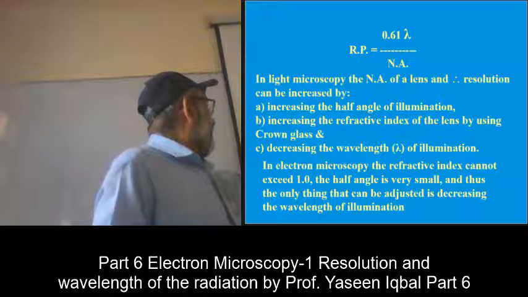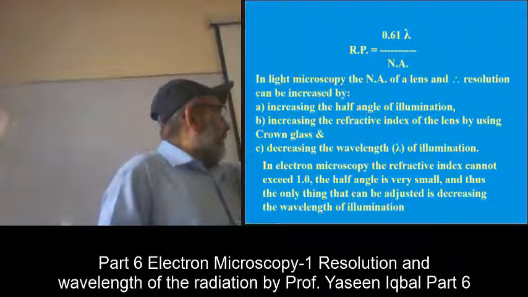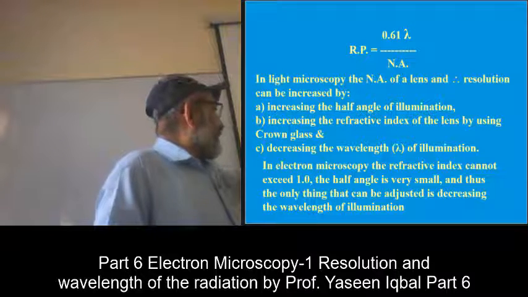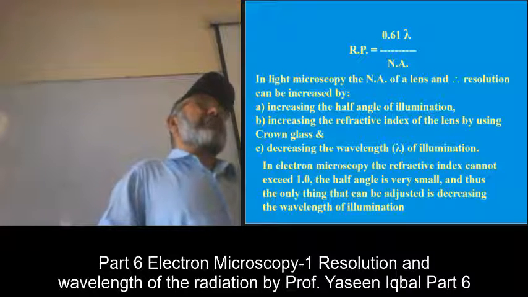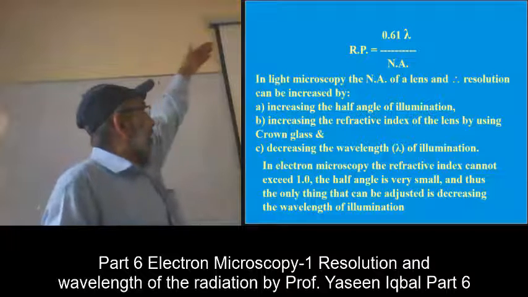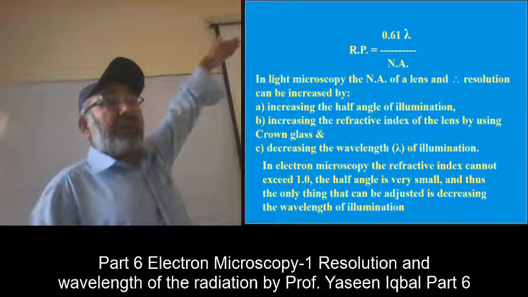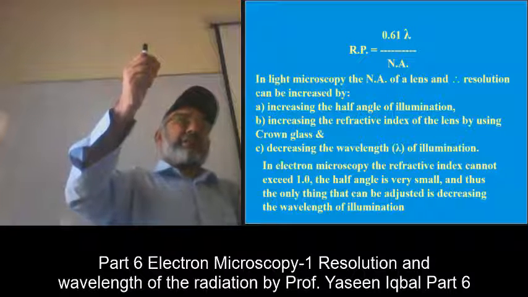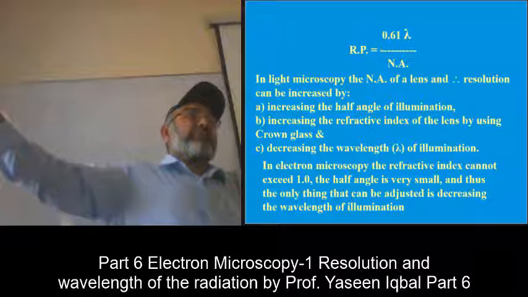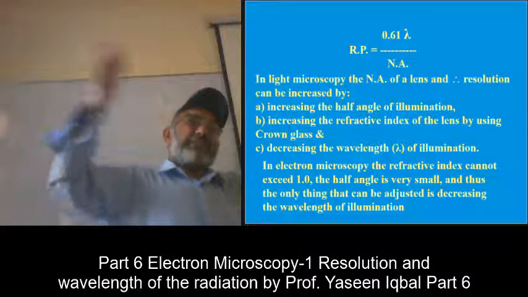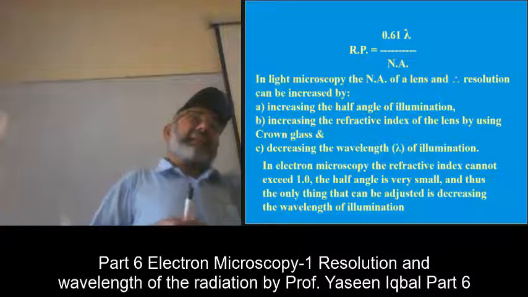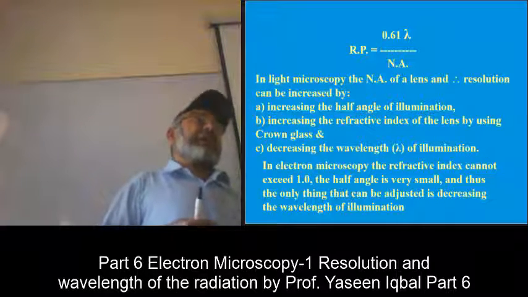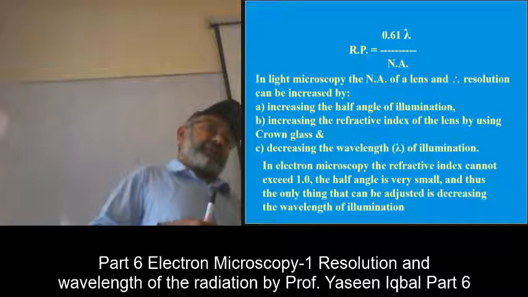So the refractive index cannot be changed and the half angle is very small. The electron beam is coming from that wall clock height. So if the angle is a little bit wider, then they will go out of the microscope column. That is why you need a very thin, concentrated beam of electrons to reach your sample.